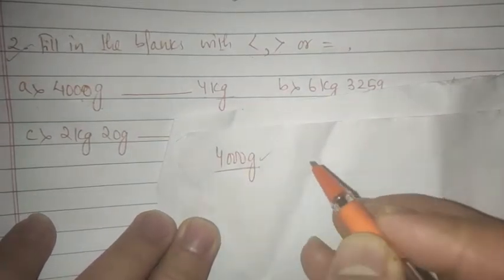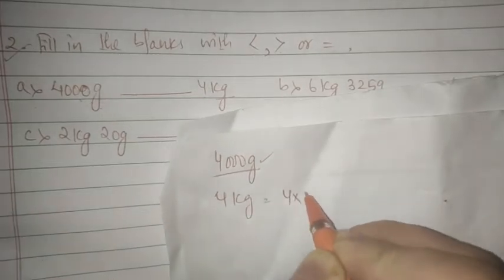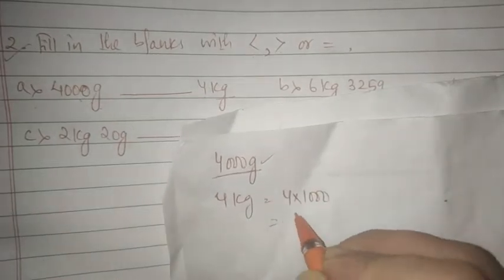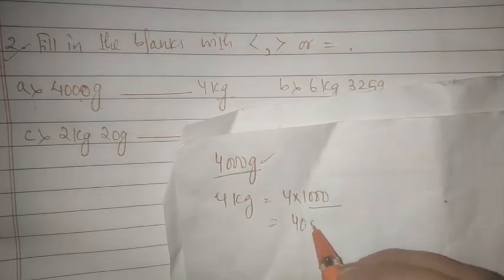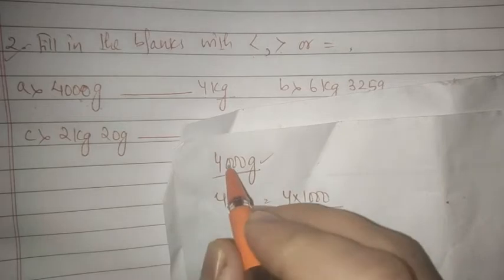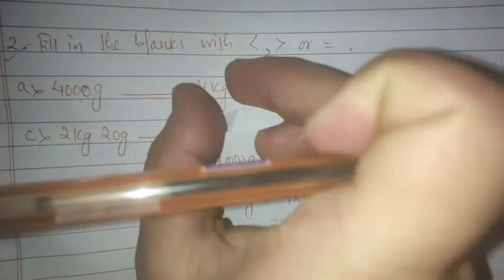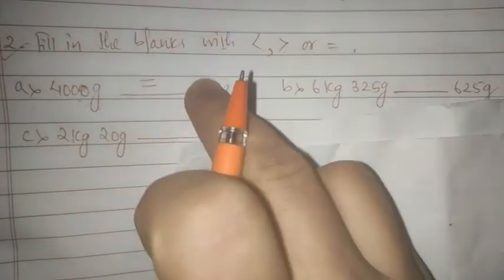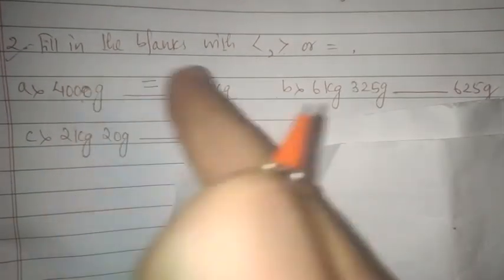We keep 4000 as it is and convert 4 kg into gram, which is 4 into 1000. Whenever you convert into gram you multiply with 1000, so it is 4000 gram. Both are equal, so you will put the equal to sign. Left hand side and right hand side are both equal.